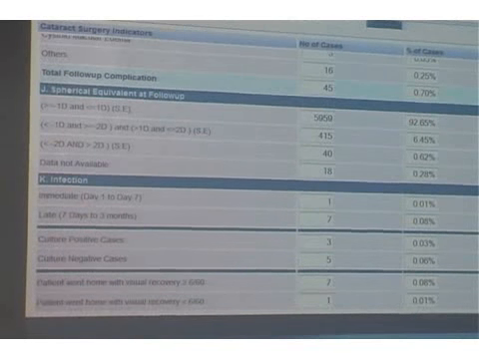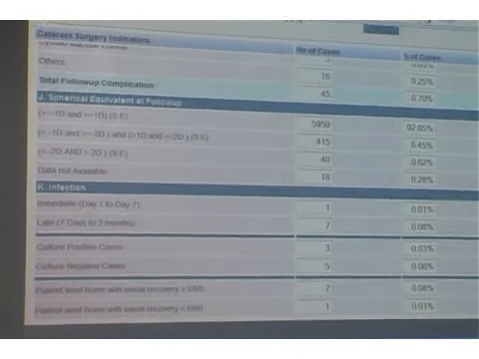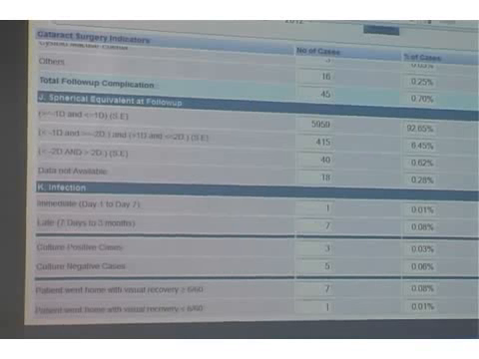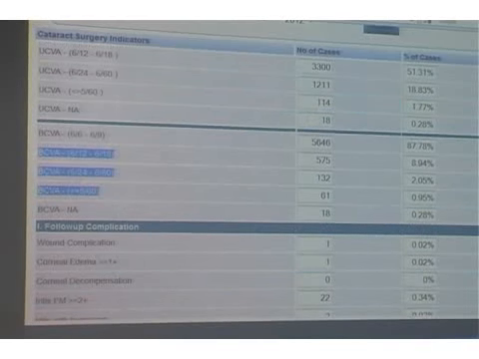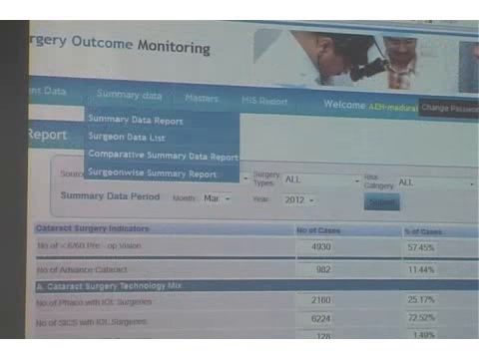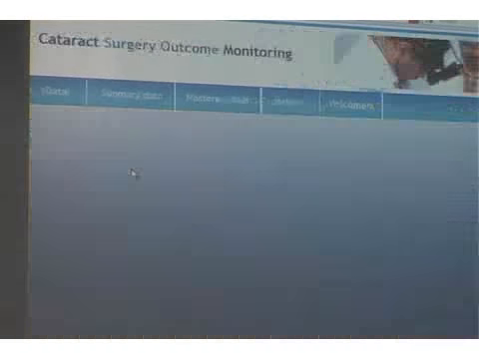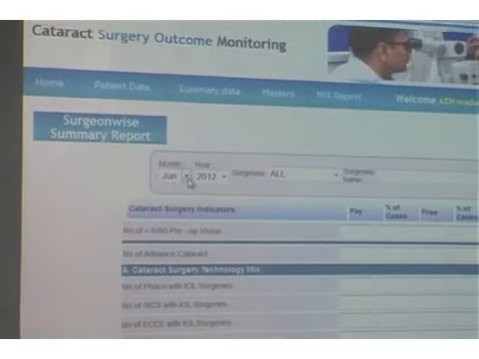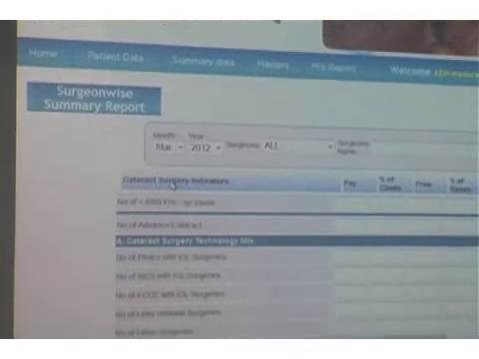So there's a lot more details we'll be able to see in this. For example, if I want to see it by surgeon also, it's possible.